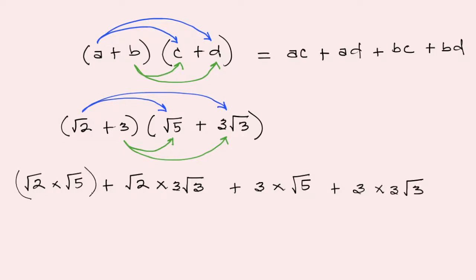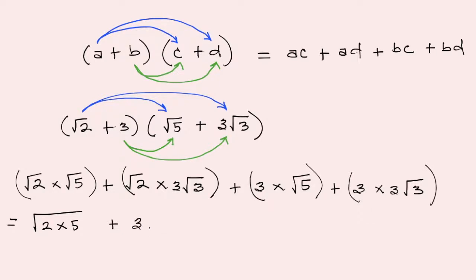To make that clearer, we can separate each of those terms. This is easily combined as the square root of 2 multiplied by 5 plus, here the outside terms multiplied to give 3, which is 3 multiplied by the imaginary one we have here, so that's 3.